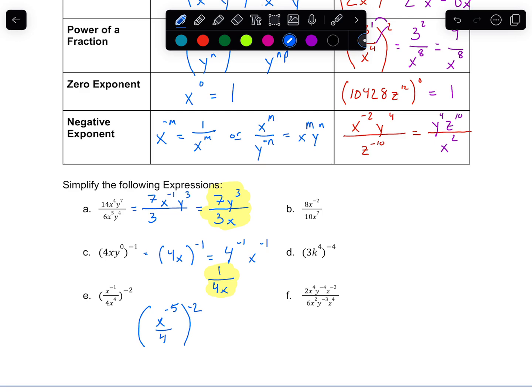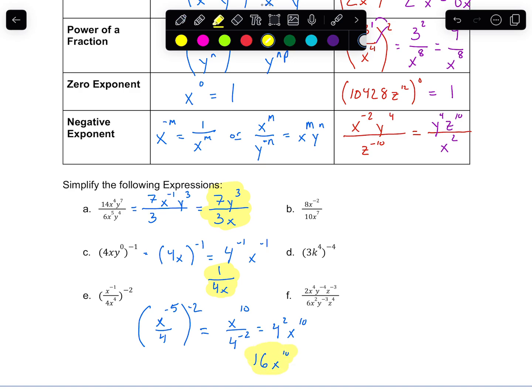And then I'm going to use my power of a fraction rule and distribute this negative 2 to the negative 5 as well as to the 4. So it becomes x to the 10th over 4 to the negative 2, which is going to become 4 squared times x to the 10th, which we would simplify to be 16x to the 10th.